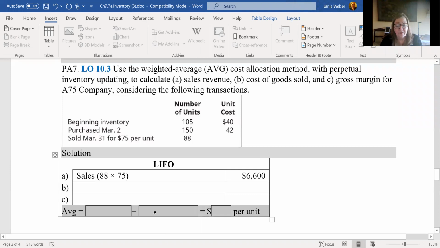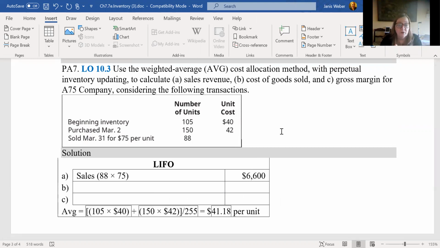So for the average method, I'm going to calculate the average: 105 units times 40 plus 150 units times 42. Those two combined, so I got 4,200 for the beginning inventory, 105 times 40, and then I got 6,300 for the purchases, sorry, not the ending inventory. And so I add them together and my total is 10,500. So I have how many units?